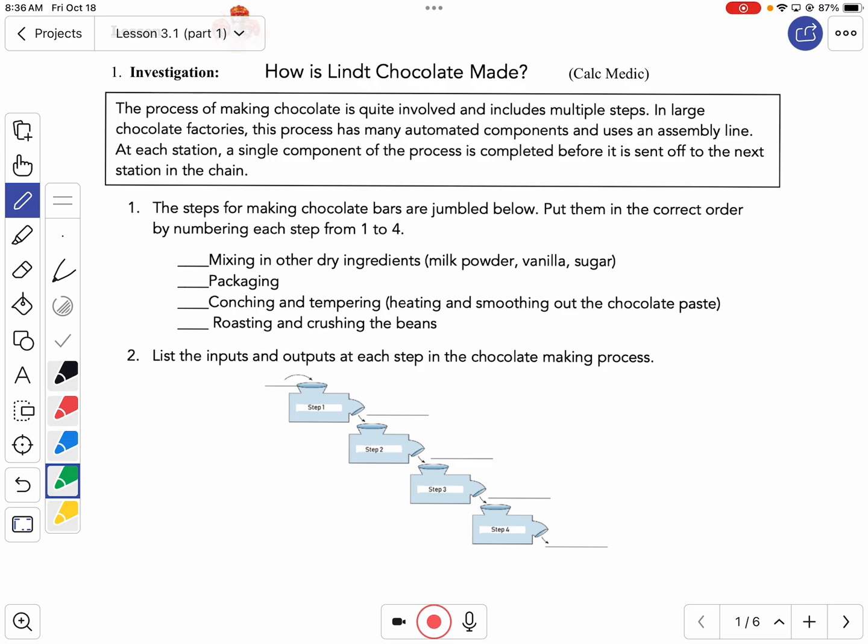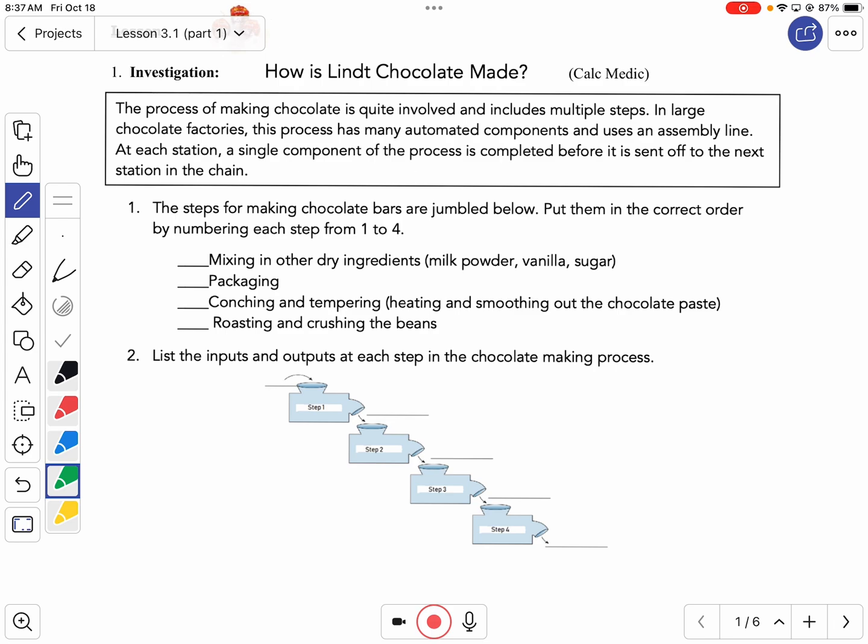The inputs and outputs at each step. Do some calculus. The first one. And then after that we get powder? Bean powder? Cocoa powder, oh right, duh, yeah. Why did I say bean powder?